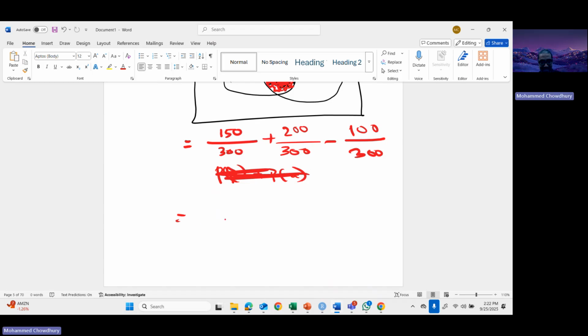So what will be the answer? 350 minus 100 equal to 250, which is 250 over 300, and the zeros cancel out, which is equal to 5/6.